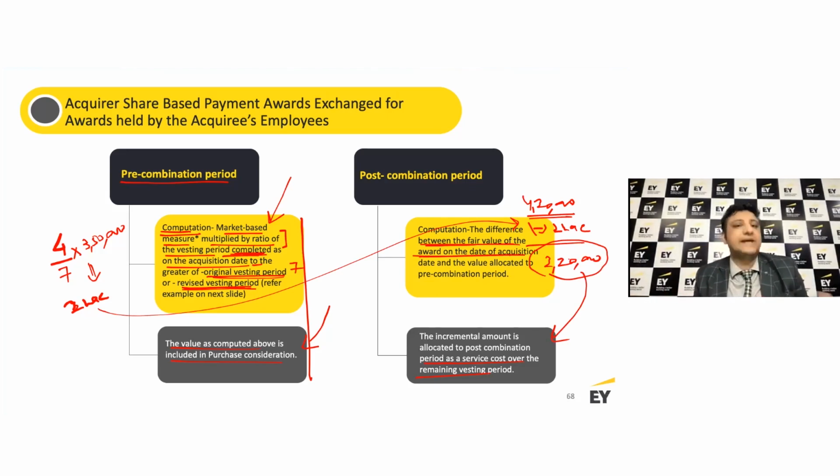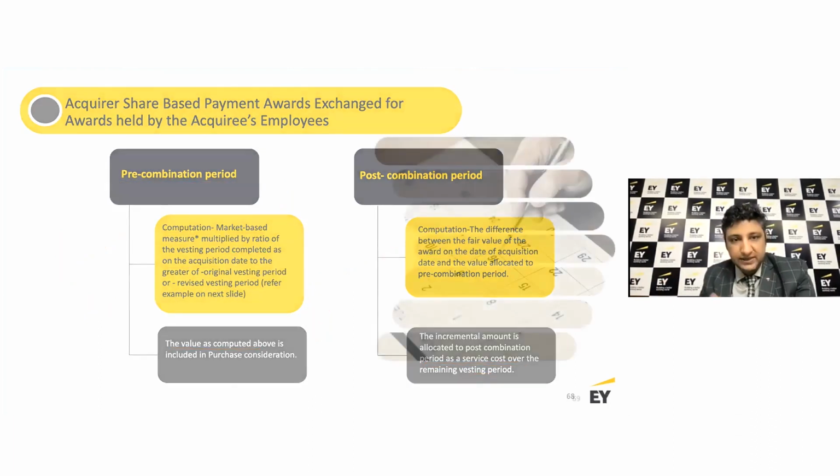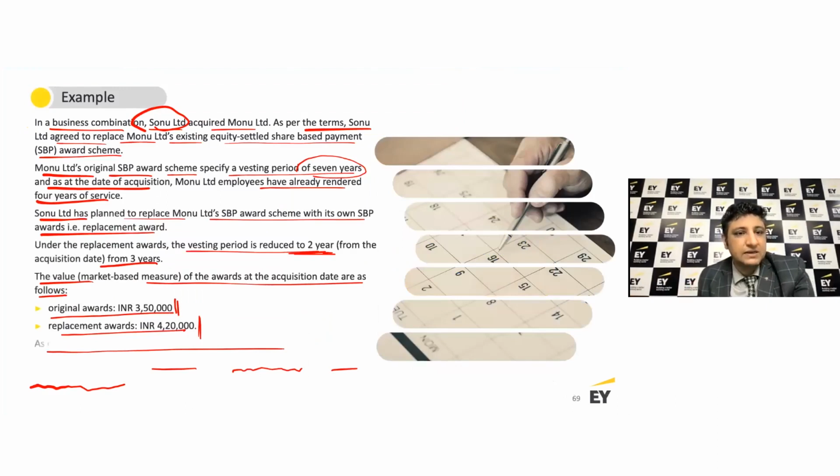This is for the replacement, right? So this 2,20,000 rupees represents the amount that you want to pay to the employees of the acquiree for their services being rendered to the group after the acquisition date, right? So this should be charged over the 2 years as far as the facts of this information are concerned.